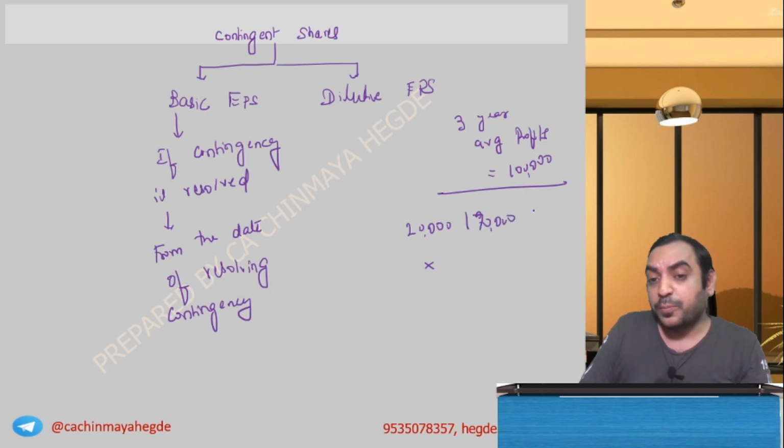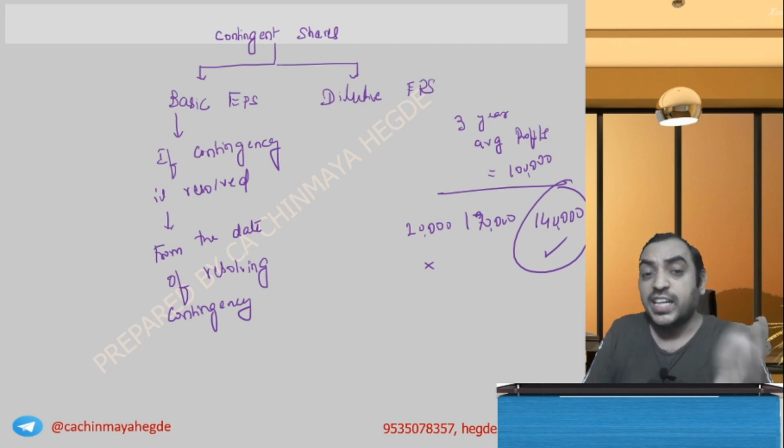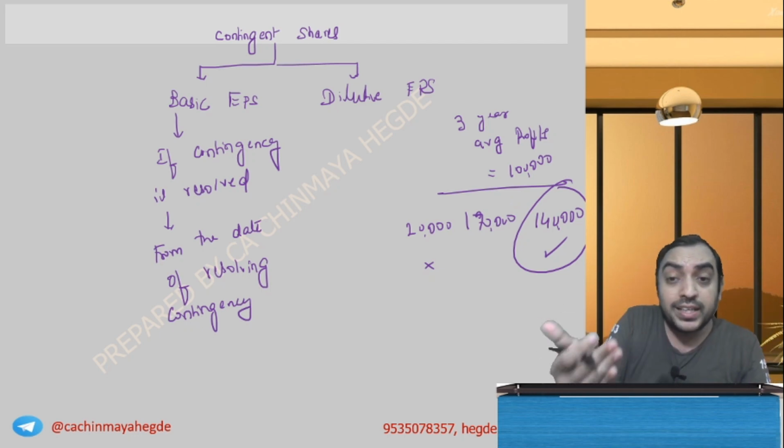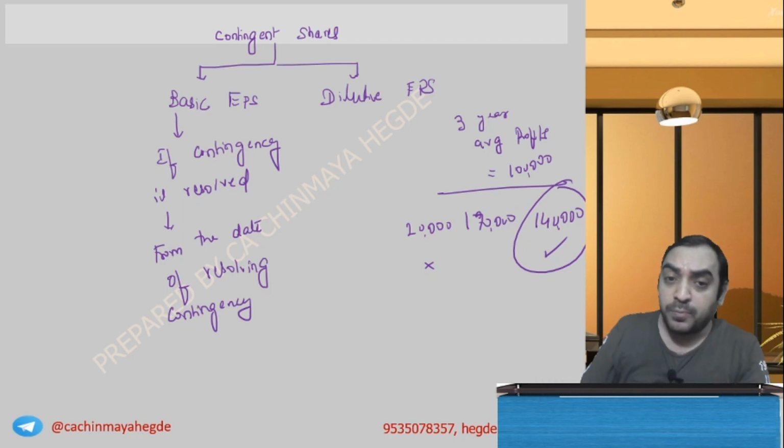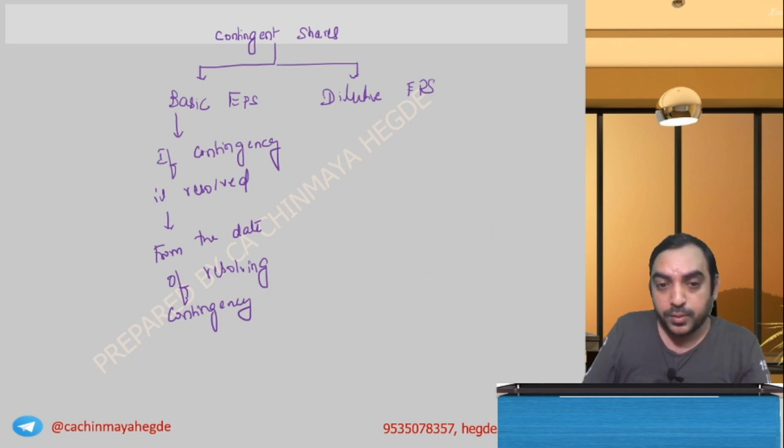Third year you make a profit of 1 lakh 40,000. In the third year your average profit has crossed 1 lakh. So in the third year it will be part of basic EPS. From the date on which it is issuable, it will be part of contingent shares, that is part of basic EPS, proportionately for the number of months, of course.